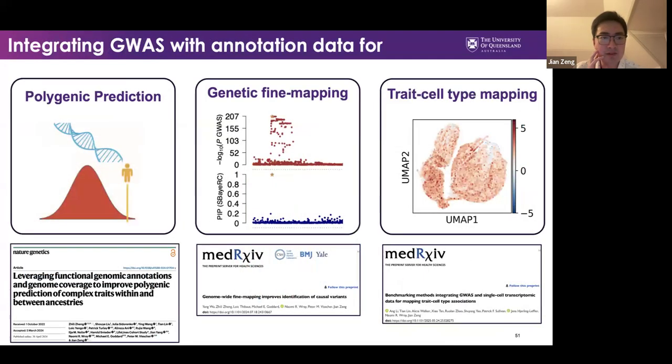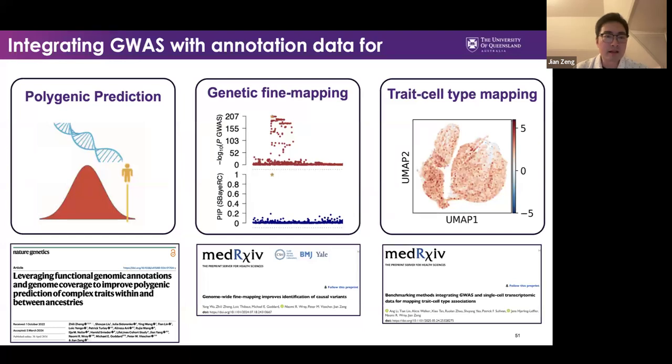So I talked about three projects where we incorporate functional annotation to improve prediction, fine mapping, and help with implicating the cell type relevant to the trait. And I think these are not standalone aims. They affect each other. For example, if we know more about the biological context, which cell type and what developmental stage, that could better inform the incorporation of these annotations for prediction and fine mapping.